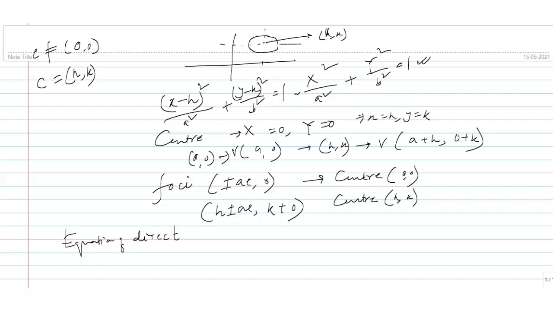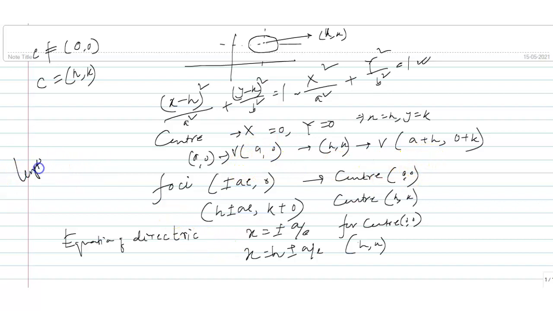So the equation of the directrix, for the center 0 0, will be x equals plus minus a over e. If the center is (h, k), then just add h. And the length of the latus rectum will not change, it will remain the same, 2b square over a. Nothing to change, right? I think it is clear to you.